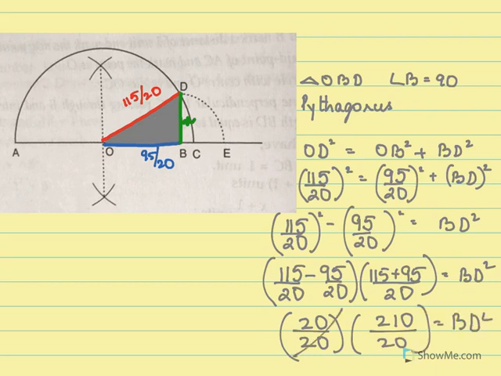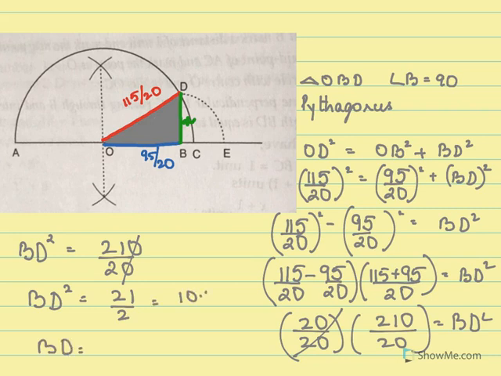I cut this out, so I get now BD square 210 over 20. I cut this out, you have BD square 21 over 2, which is 10.5. So BD is under root of 10.5.